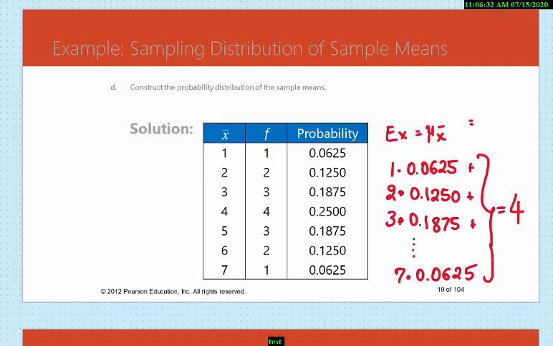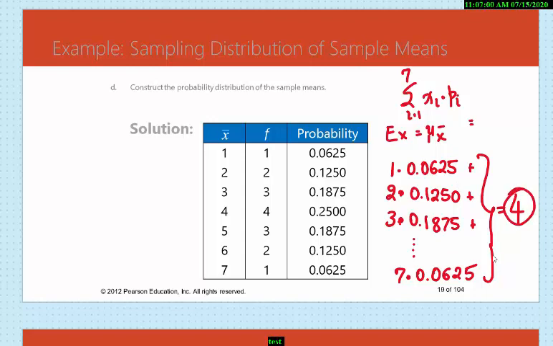You remember, for a distribution, in order to find the mean, you take the sum of the xi times the probability that corresponds to this xi, for all the i's from the first value, that is 1 in this case, to 7. You add up those products and the result is 4.